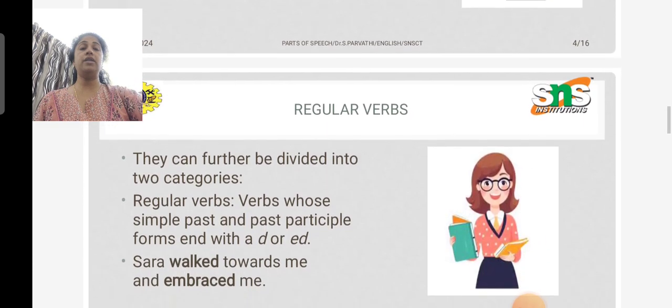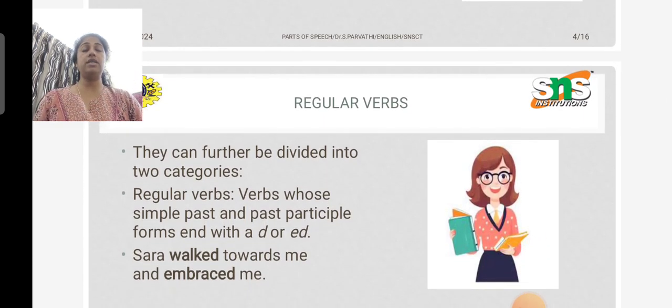There is another division, that is regular verbs and irregular verbs. Regular verbs are verbs whose simple past and past participle forms end with d or ed. For example, Sarah walked towards me and embraced me.